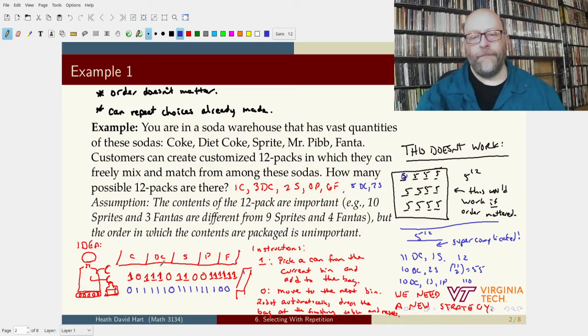Okay. A correct order will have 12 ones because the robot has to put 12 sodas in the bag. And 1, 2, 3, 4 zeros.